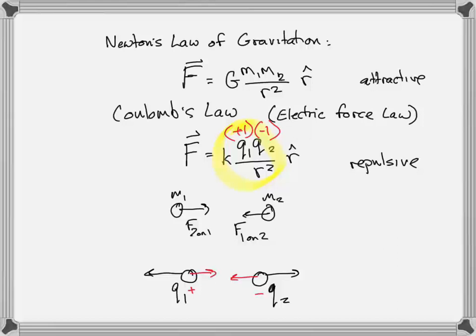And if it's two negative charges, a negative times a negative is a positive, so it's repulsive. So if Coulomb's law is positive, that means it's a repulsive force. Whereas if Newton's law of gravitation is positive, it's an attractive force. If Coulomb's law is negative, it's the negative of repulsive, and it's attractive.